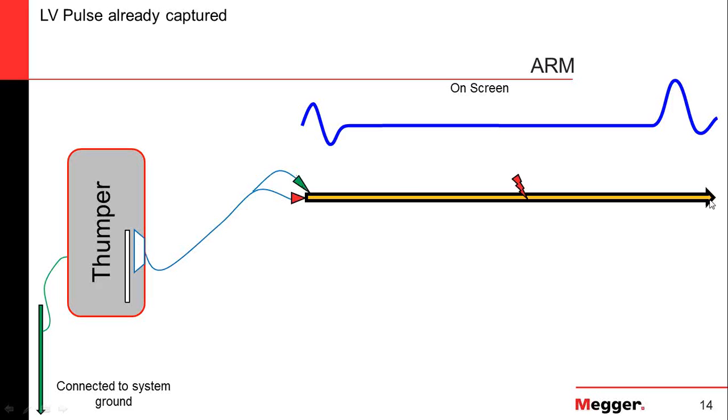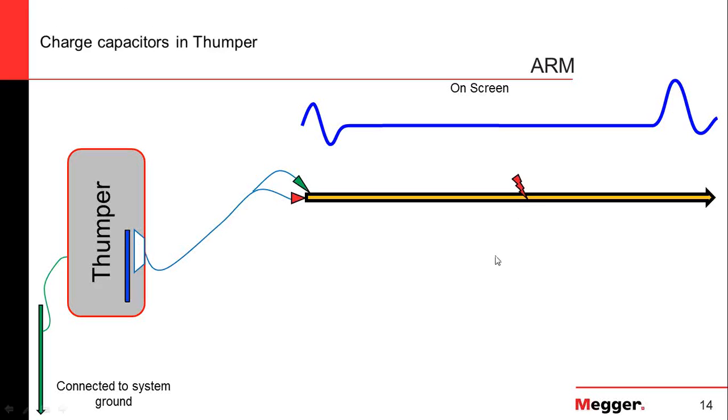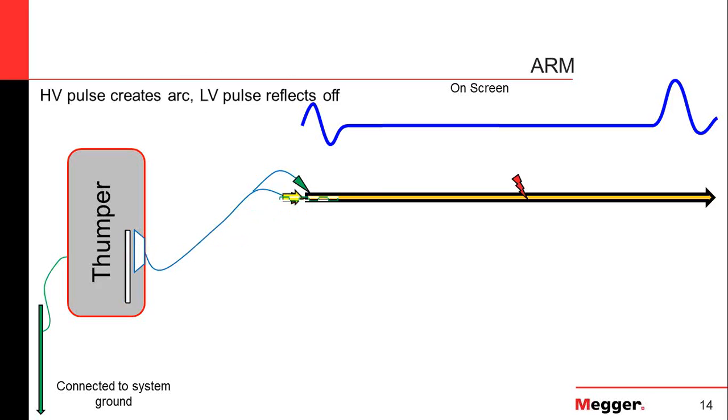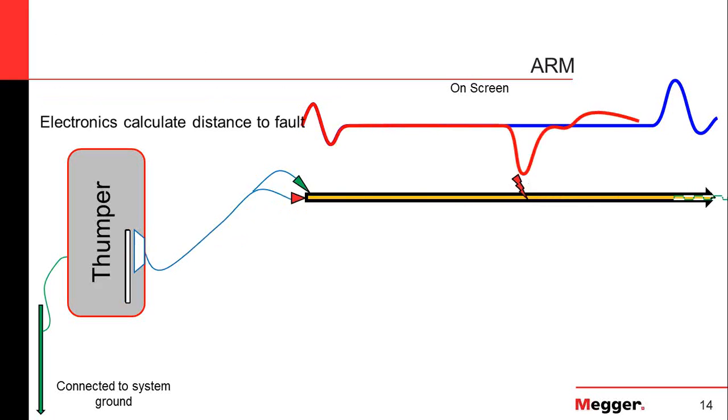If we grounded the far end, the center conductor of the far end, the energy from the thumper would have a very easy path to flow to ground. We want the energy from the thumper to flow through this fault. So again, we charge the thumper up, we do a single shot, it releases the energy, we get our fault distance.